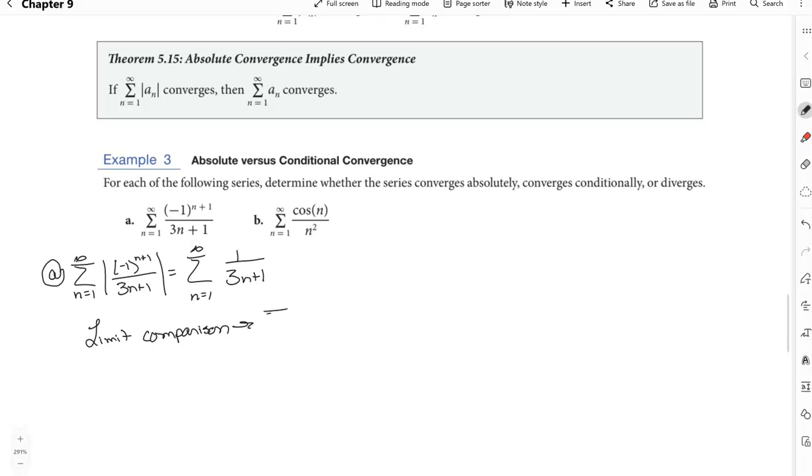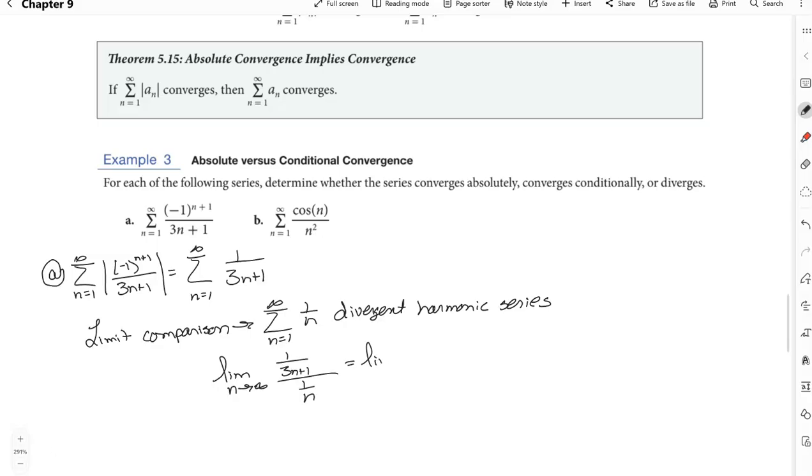It looks really similar to a harmonic series, which we know diverges. And the limit then goes to infinity. I've got that 1 over 3n plus 1, and I'm dividing it by 1 over n. We're going to do keep, change, flip.